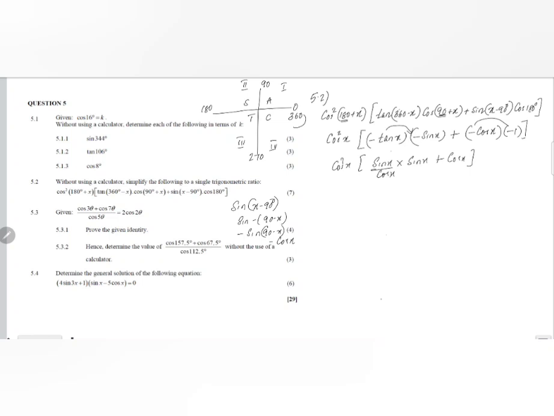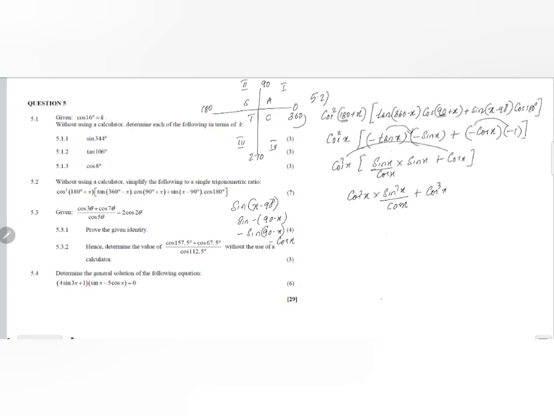All right, now you can open the bracket with the cos square x. So it's going to be cos square x times sin square x divided by cos x. Is it clear? All right, now plus what is there? Cos square x times cos x, that is cos cube x.